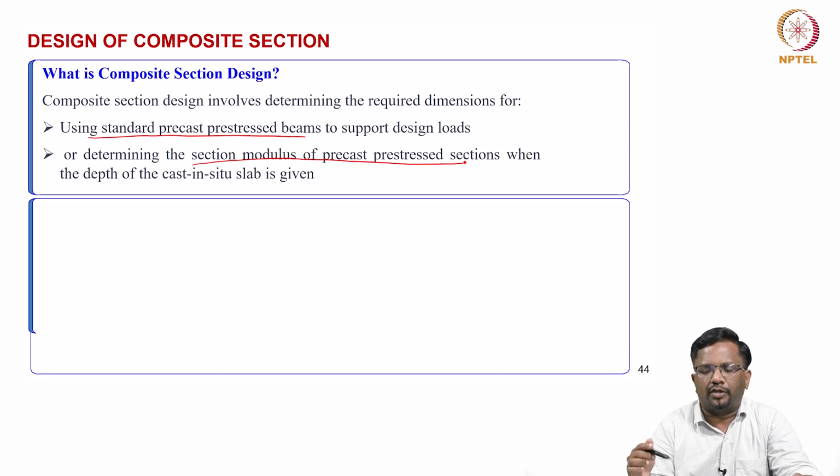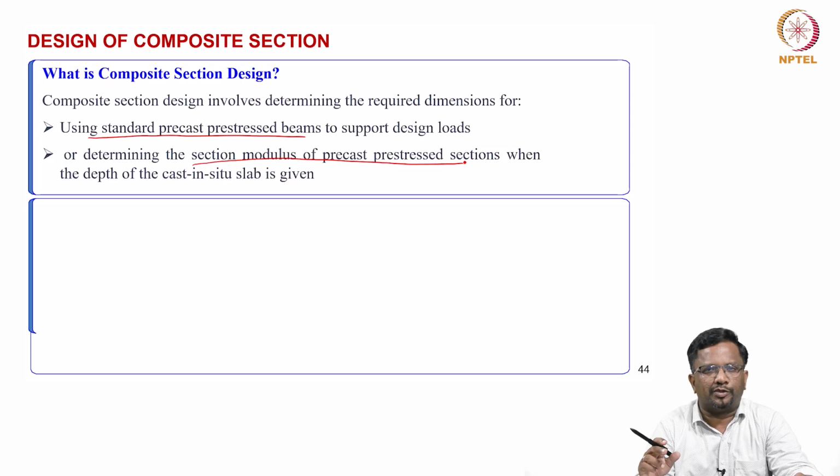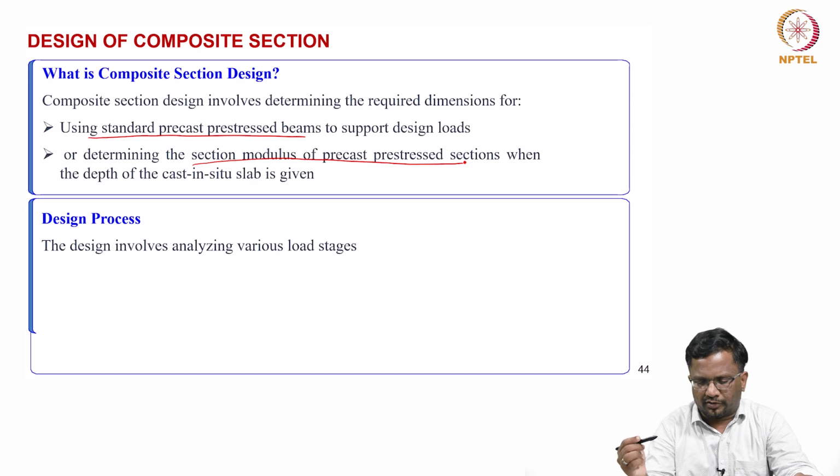So either you can use standard precast sections which are typically rated for certain loads, or your deck slab thickness is fixed and you want to find out what section modulus of the precast pre-stressed beam is required. These are the two typical scenarios.